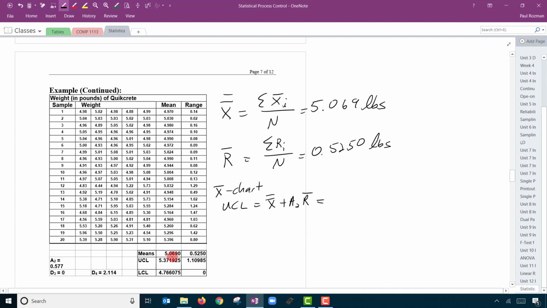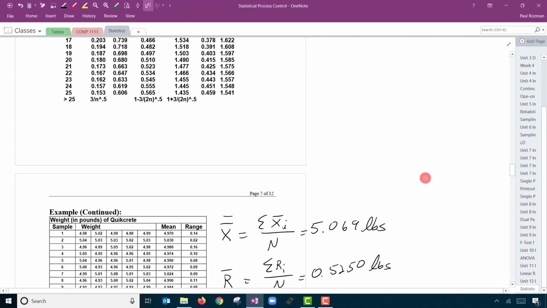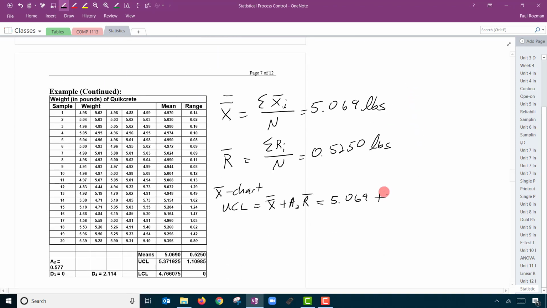So in our case, our x bar bar was 5.069 plus A2, which we read off of our table. So you go back to our control chart constants, and we're in this row, and we're using A2, so it's 0.577 as our factor there. And then multiply that by R bar. And doing that calculation, we get 5.37 pounds.